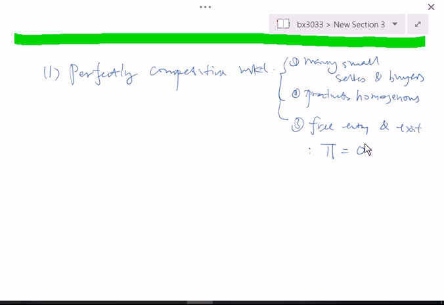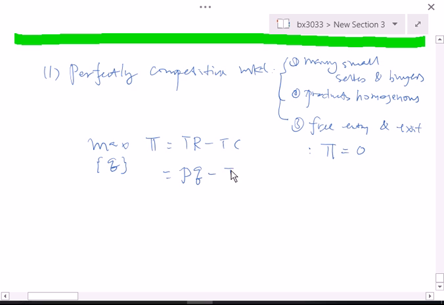So we want to maximize the profit by choosing quantity output here. Profit is total revenue take away total cost. And the revenue I can earn is, for 1 unit output, I sell at price P. Altogether, I produce Q units, take away total cost.